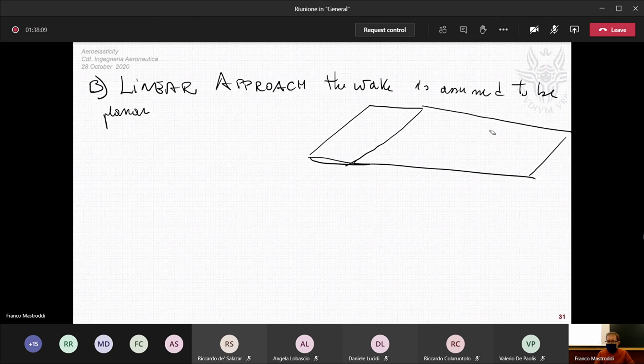This is a plane, and what happens in this case? In this case, we assume the following.